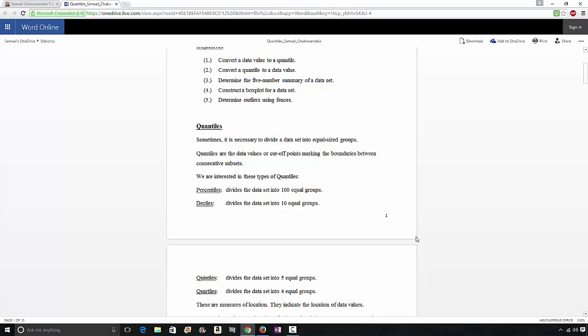Quantiles are the cutoff points, the data values that mark the boundaries between equal sized groups of a data set, or you can call them subsets. The following types of quantiles are our interests.